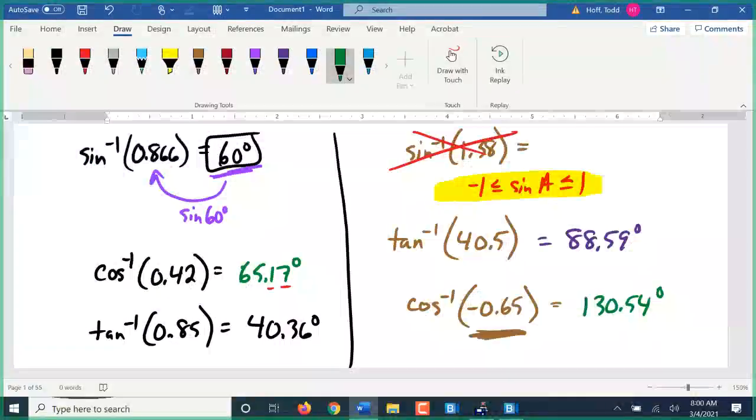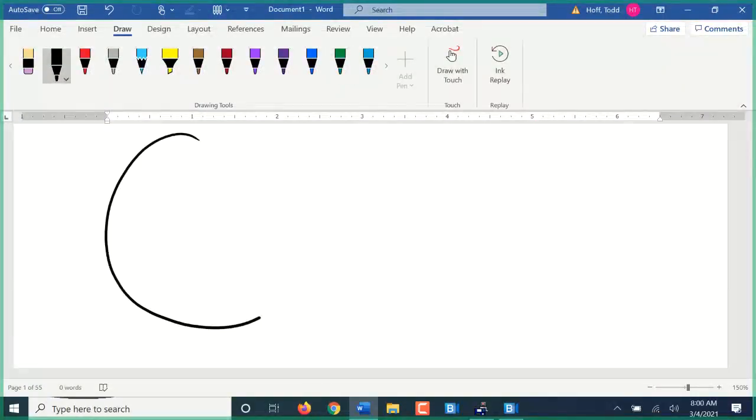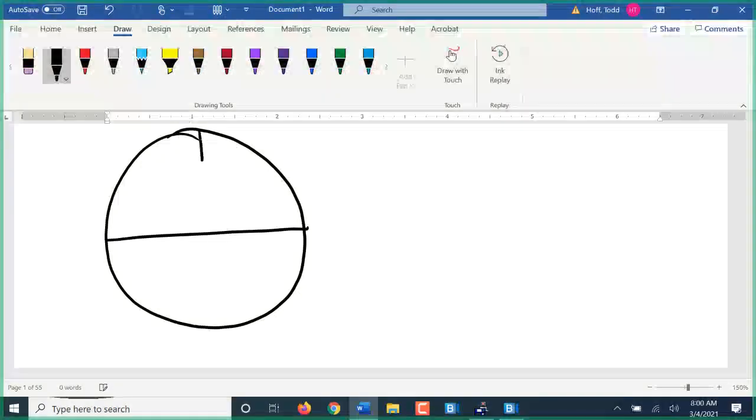Let's look again at where we saw the possible values of our trig functions off of the unit circle, and where each of these functions is positive or negative. If our angle is over here, this is called the first quadrant.